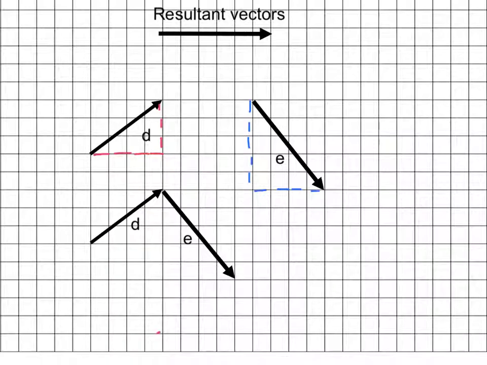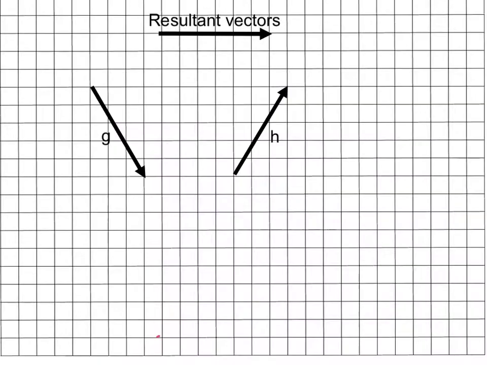We should also note that it doesn't matter whether I started with E or with D. If I'd drawn E, then added D, we would still get the same resultant. The most important thing, though, is that we must follow the direction that the arrows travel in.